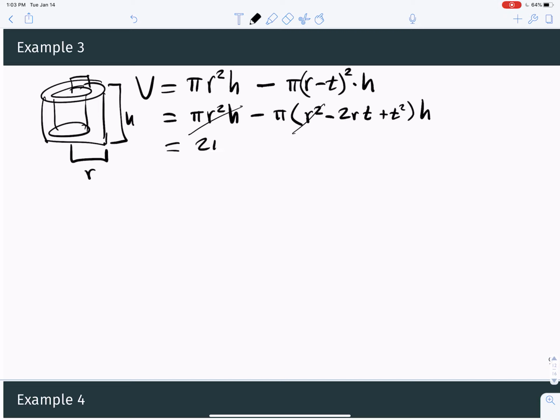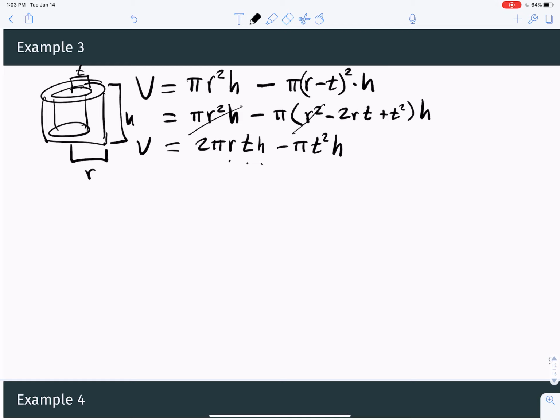So that becomes minus 2 pi rt h, and then there's going to be a plus pi t squared h. And that's the volume. You'll notice it depends on r, t, and h, which is good because it could depend on r, t, and h.